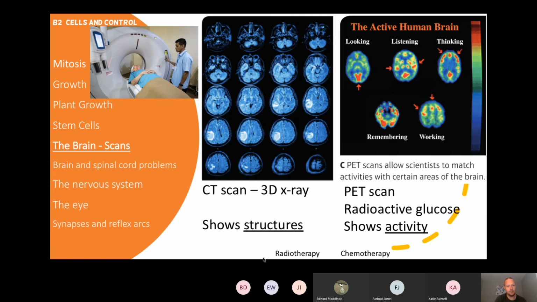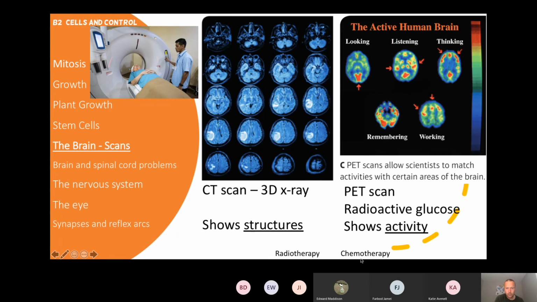Again, we did this in physics. You shoot the gamma rays from different angles to maximize the damage to the tumor, but minimize the damage to the healthy areas of the brain. So you shoot it from one angle, then another angle, and it focuses in on the tumor. So radiotherapy uses gamma rays to kill it.